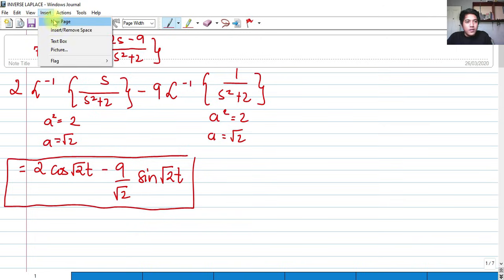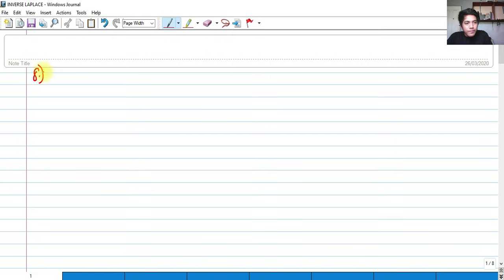Okay. So for our last problem, for basic inverse Laplace. So let's try. We have 7 over s raised to 4 minus 5 over s cubed minus 6 over s squared minus 8 over s. Okay. So if you are good enough, we can do it mentally.